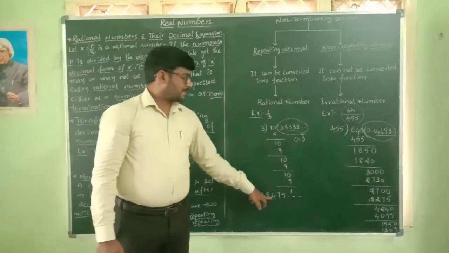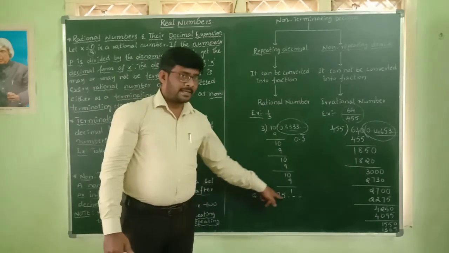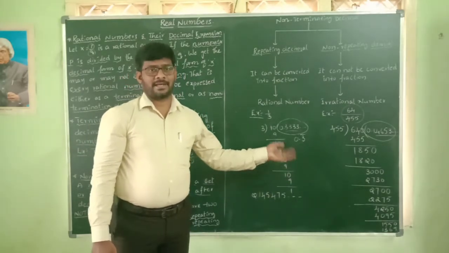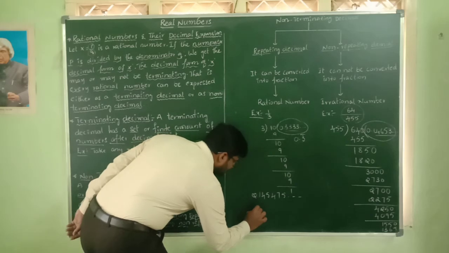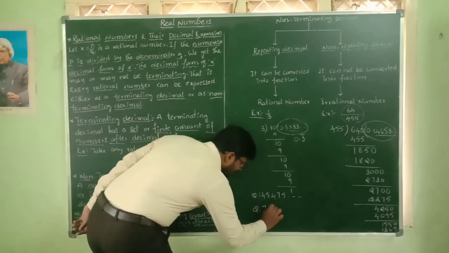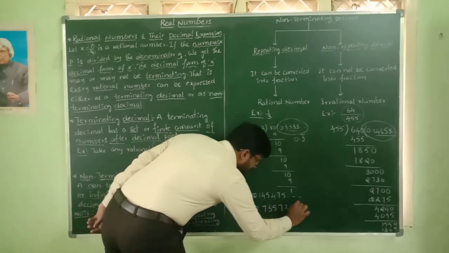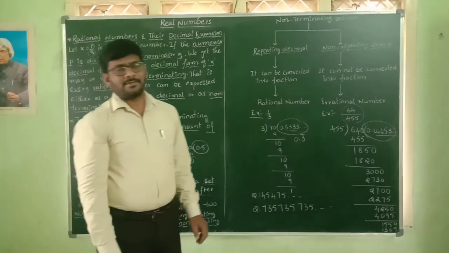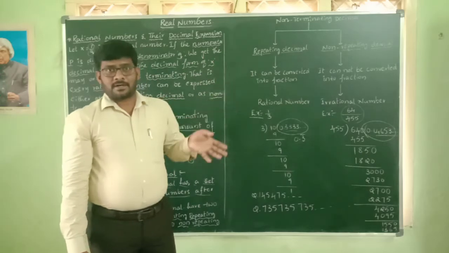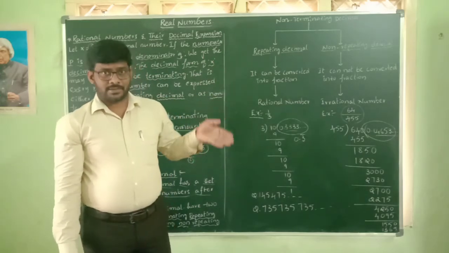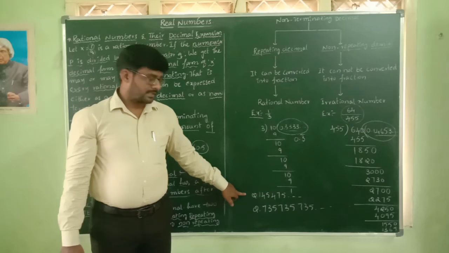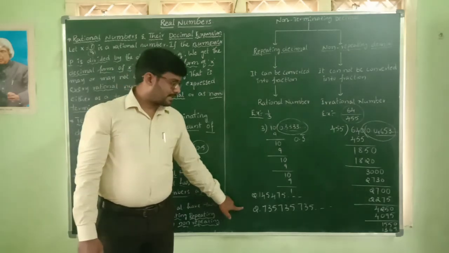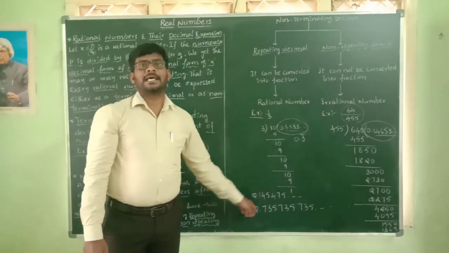Because after the decimal point, digits do not repeat; different numbers come infinitely. But I give another example, 2.735735. For any rational number, when numerator is divided by denominator, this type of decimal expansion comes. This type is known as irrational, and this type is known as rational.